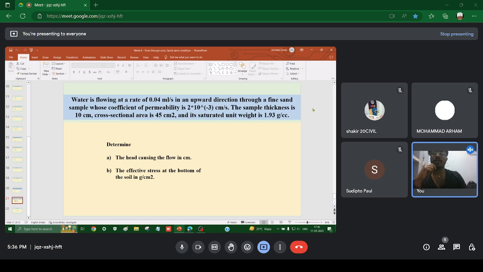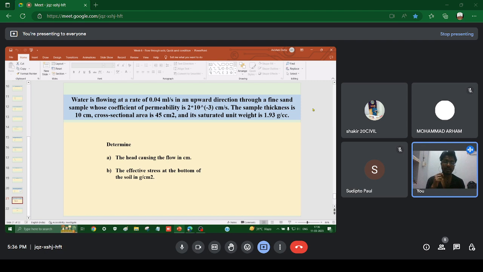Water is flowing at a rate of 0.04 ml per second in an upward direction through a fine sand sample whose coefficient of permeability is 2 into 10 to the power minus 3 centimeter per second.